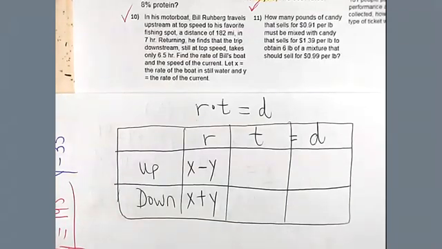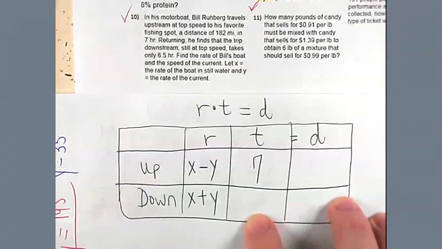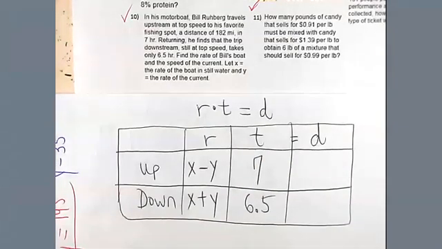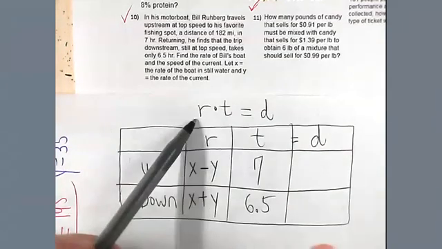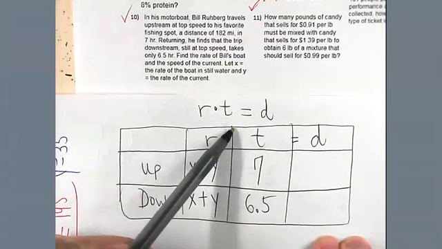Now we know the time for each trip. The time going upstream, it took 7 hours. And coming back down predictably took less time, 6.5. How we get the last column is we just follow the original formula, taking each rate and multiplying it times each time.